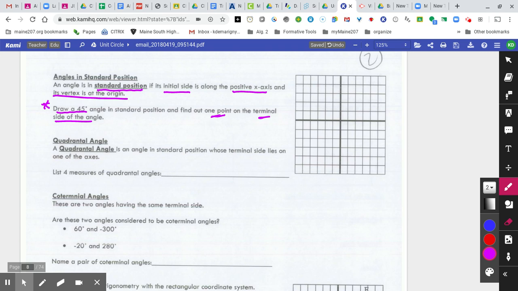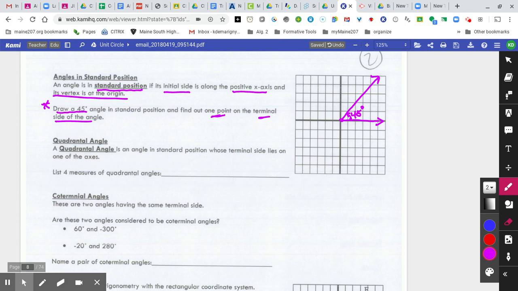In order to draw an angle in standard position, I need to start on the x-axis. So this is the positive x-axis. Its vertex is at the origin. And if I want to draw a 45-degree angle, remember that that's going to split this 90 in half. Okay, so this is going to be a 45-degree angle here. Remember, we move counterclockwise when we draw angles.